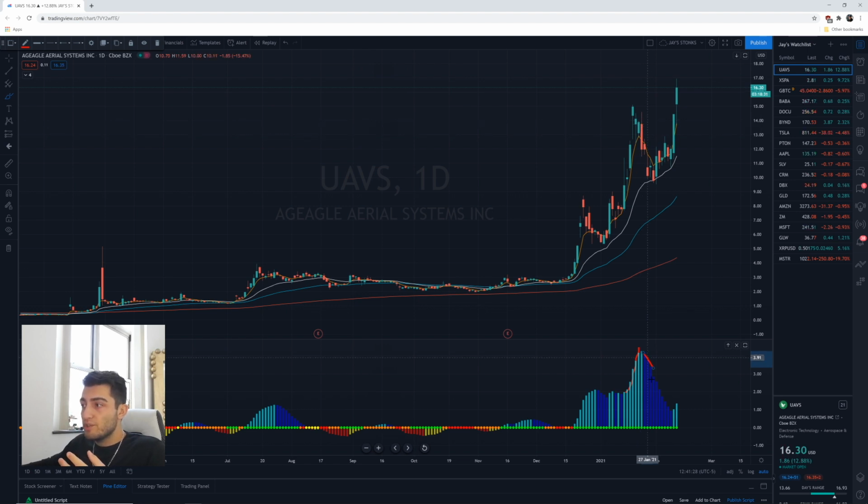So if you were patient and just let the histogram tell you when to get out, instead of getting out at that $10 target, you would have got an extra couple bucks letting it run, because we didn't get two dark blue bars until around $13, $14. Okay, see that down here, dark blue? Just look at the price action, it matches up right around here, 14 bucks.